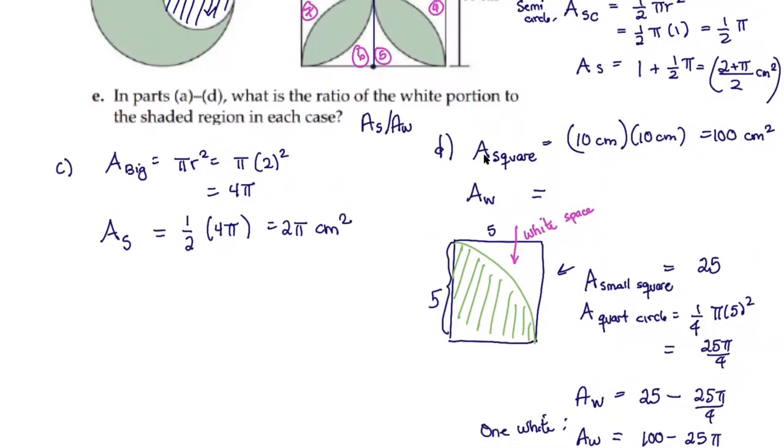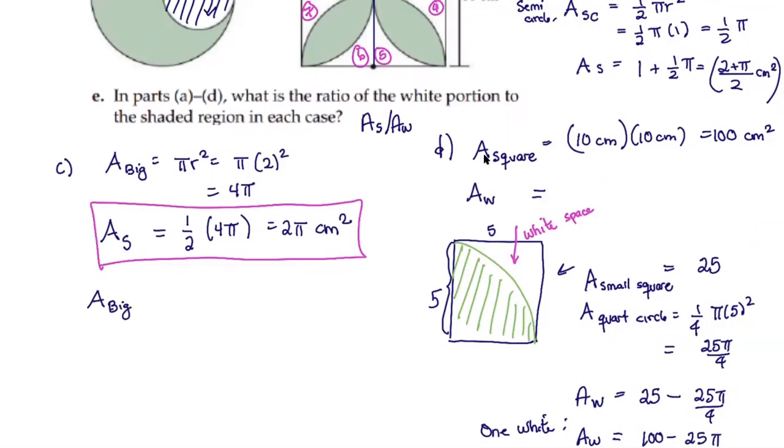In each of my examples, I found AS, and AW is usually found by subtracting AS from the A whole, or the whole area. So the whole area in part C would be A big.